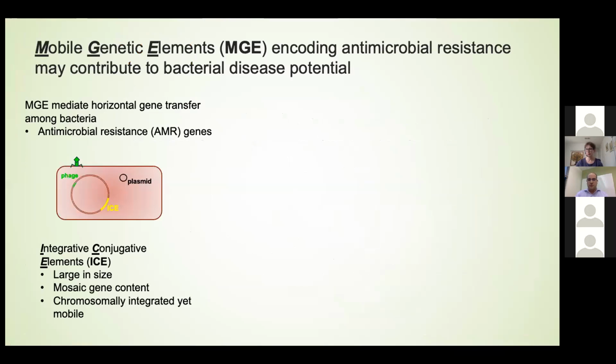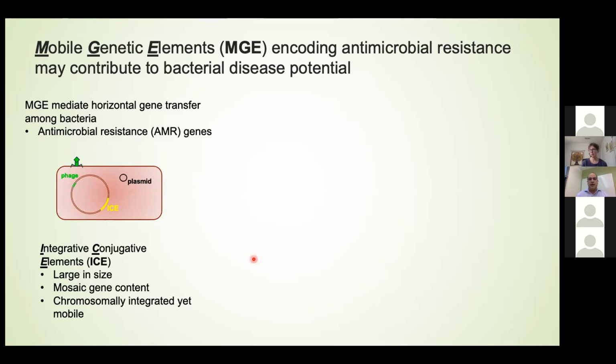So jumping right into the topic, mobile genetic elements are the segments of DNA that mediate horizontal gene transfer among bacteria. And these include phage, plasmids, and integrative conjugative elements.